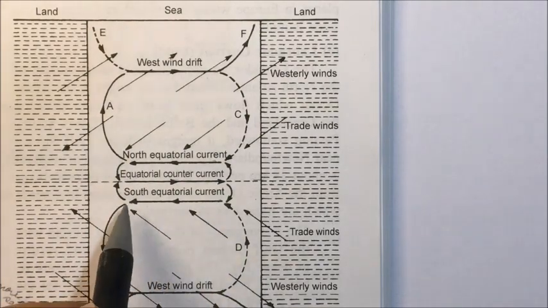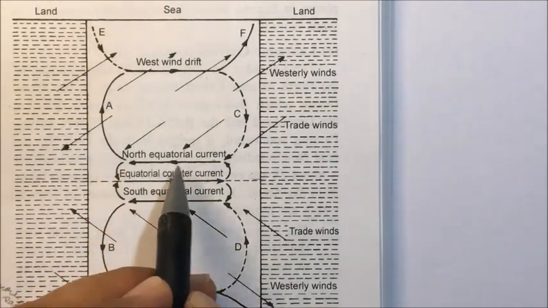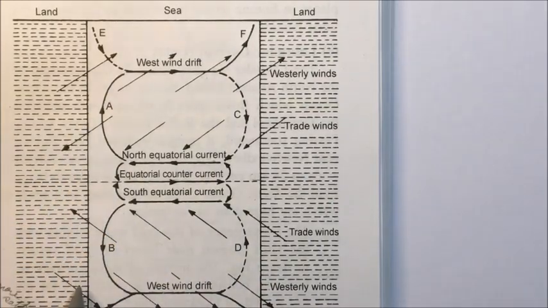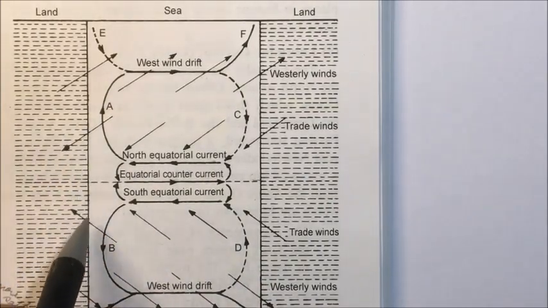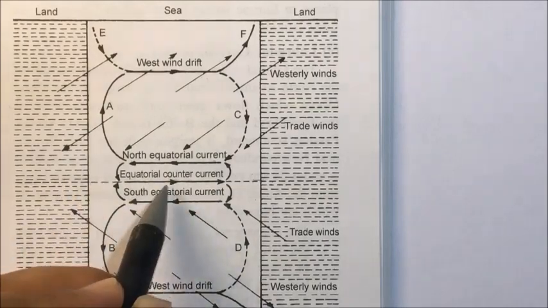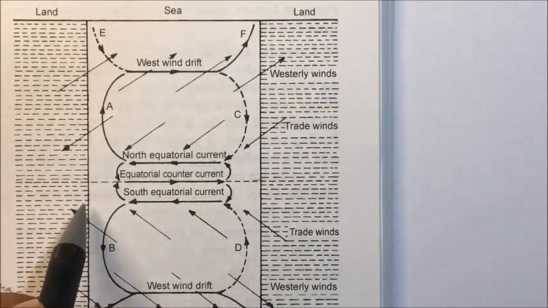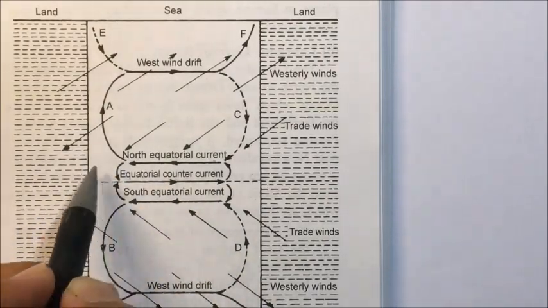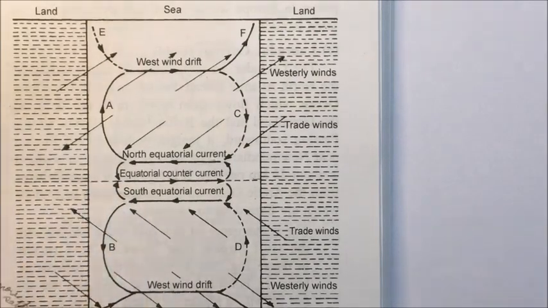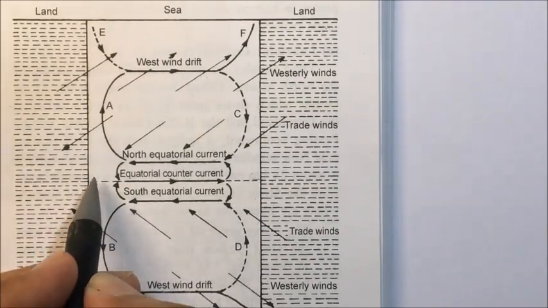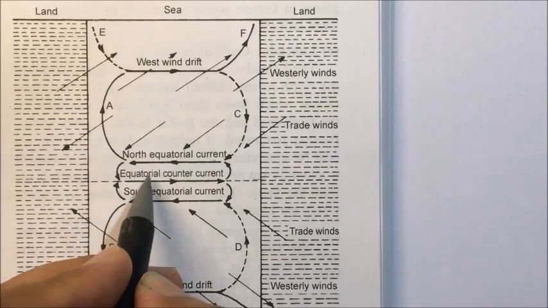And now see here, as there is the eastern coast of the land, water flows towards the eastern coast of the land and gets piled here. Because of this piling of water, some water moves back.